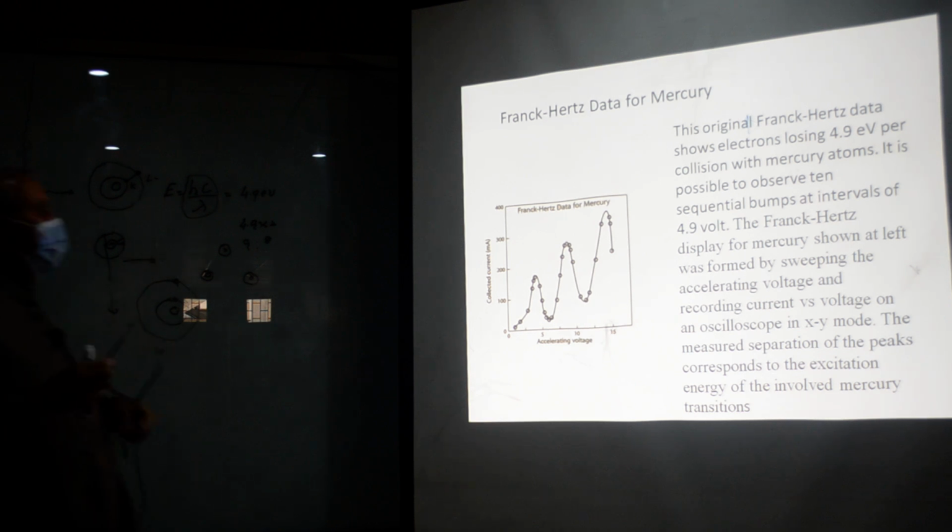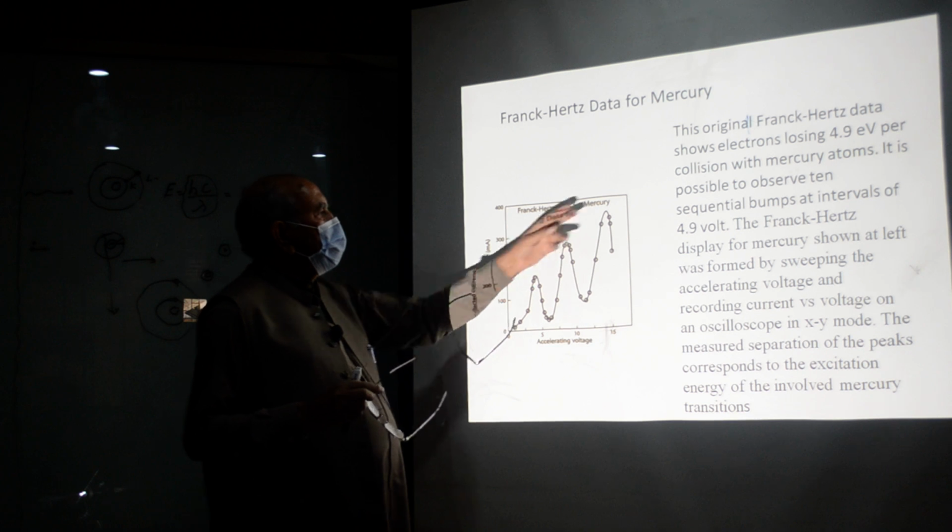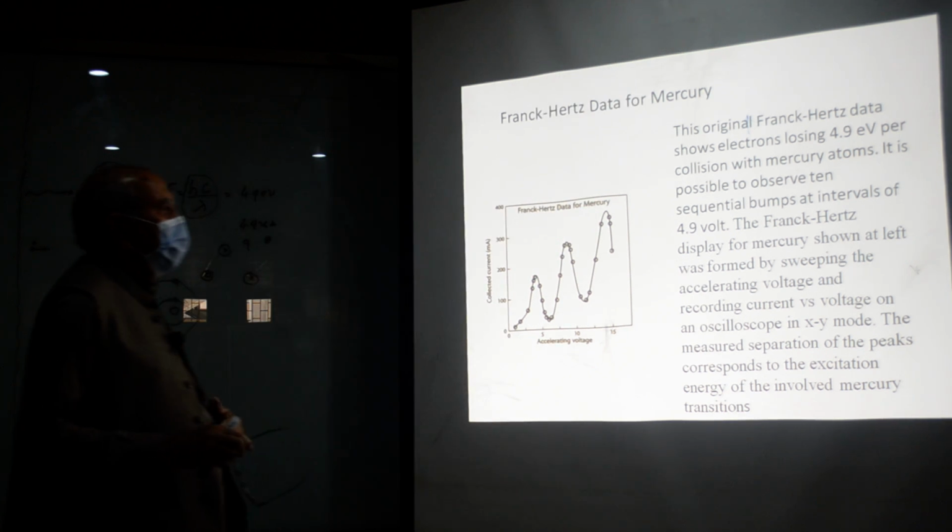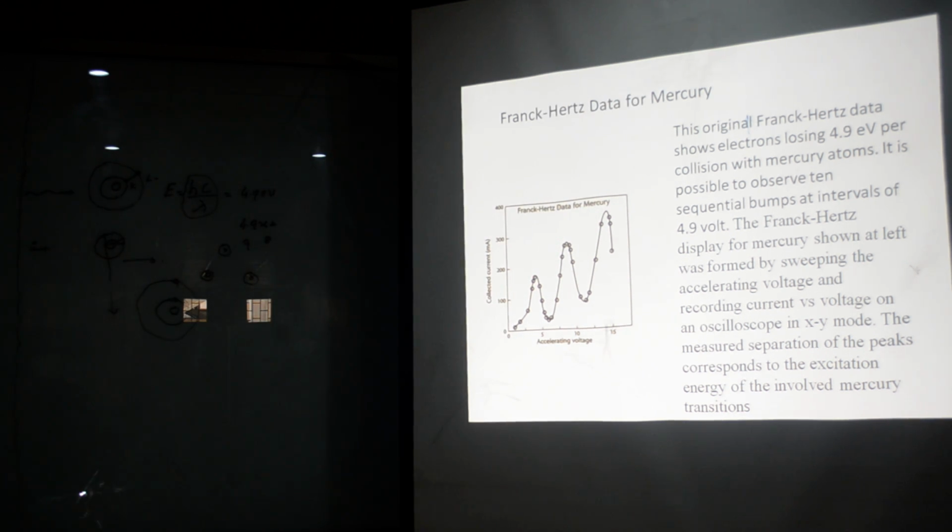You can see 1, 2, 3, 4, 5, 6, 7, 8, and 9. The Franck-Hertz display for mercury shown at the left was formed by sweeping the accelerating voltage and recording current versus voltage on an oscilloscope in XY mode.